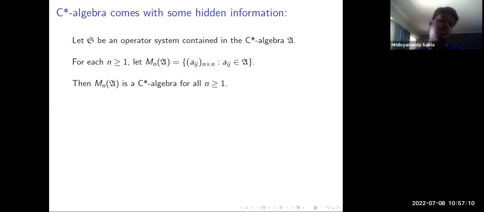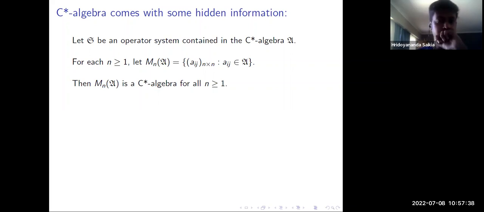I have said that Mn of A is again a C-star algebra. Now the question is, what is a norm on that level? Every C-star algebra can be thought of as a C-star subalgebra of B of H, the set of all bounded operators on some Hilbert space.